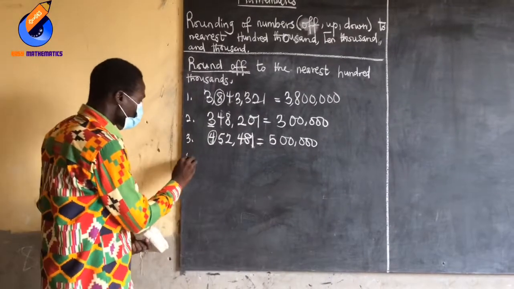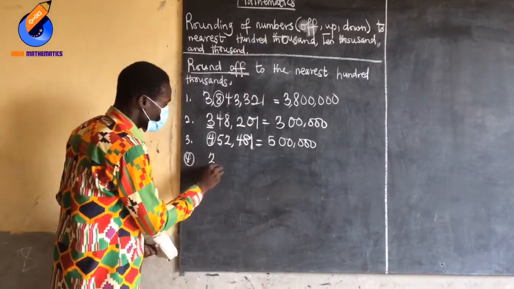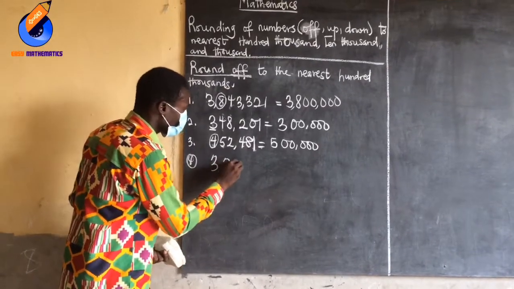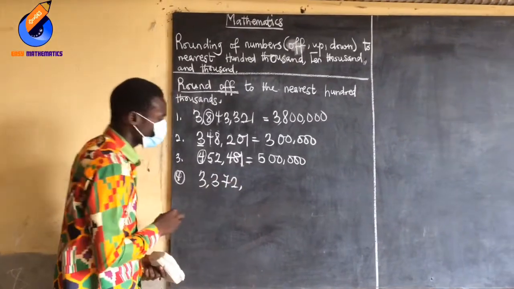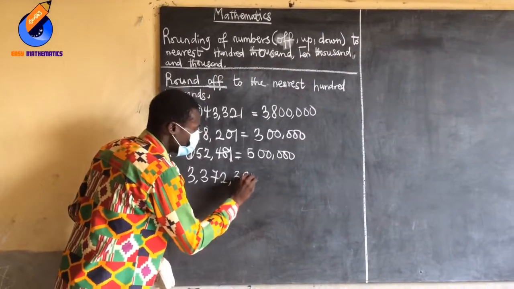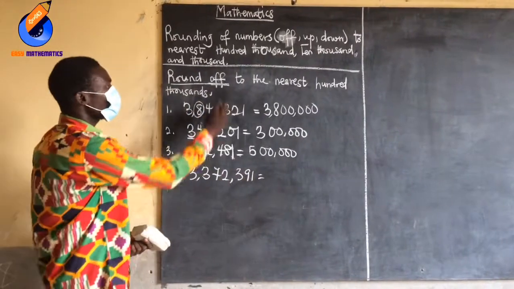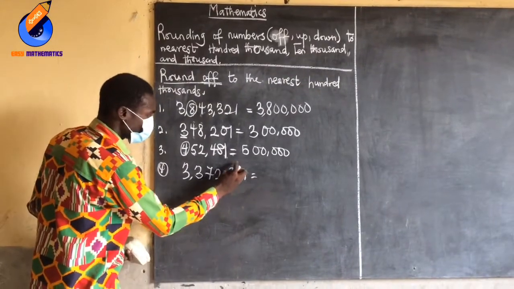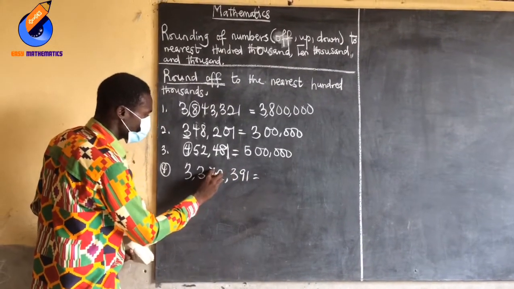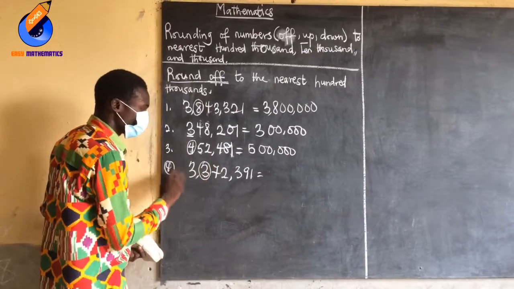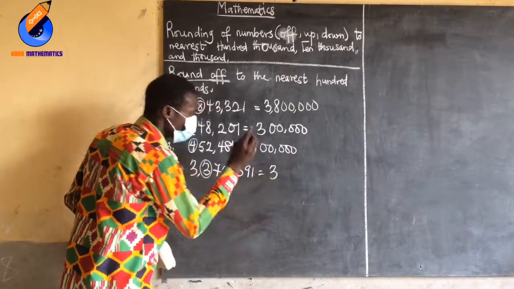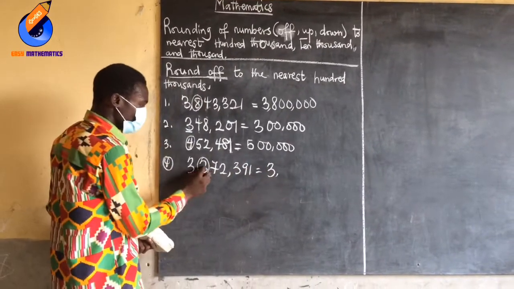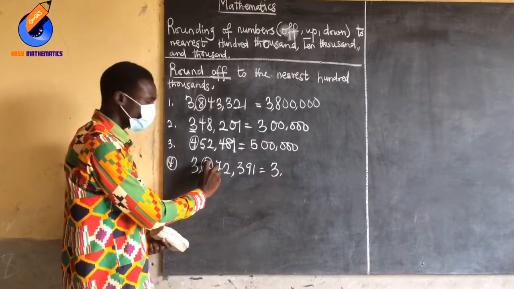Now I'll be able to round off to the nearest 100,000. Let's say we have 3,372,391. Ones, tens, hundreds, thousands, 10,000, 100,000. I didn't touch my 3, so I'll maintain it. This 3 is the one having a place value 100,000.